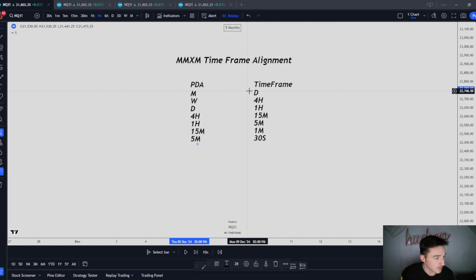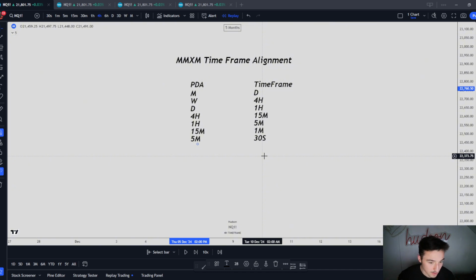CISD, displacement, and then so on and so forth, and then take our entry, right? And then we go down weekly to the 4 hour, daily to the 1 hour, 4 hour to the 15 minute, 1 hour to the 5 minute, 15 minute to the 1 minute, and then 5 minute to the 30 second.